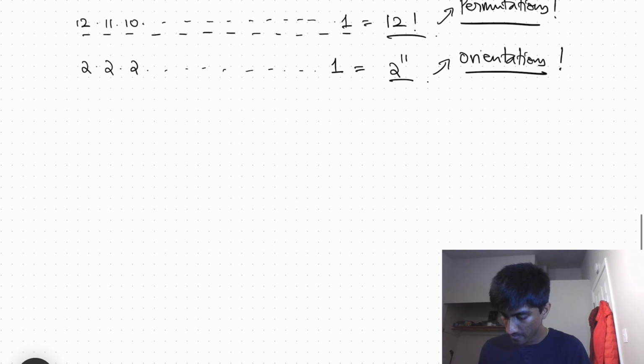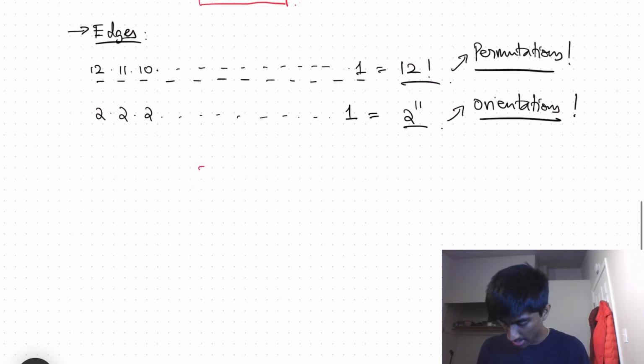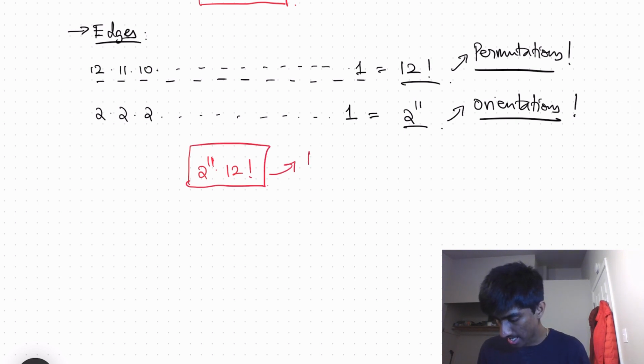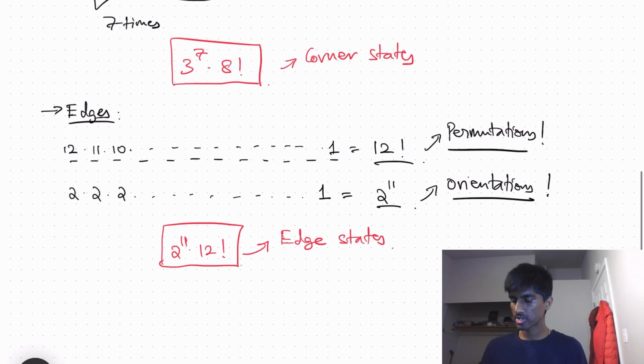And now the total number of possible edge states, similarly, is 2 to the 11 times 12 factorial. Edge states. And at this point, you might be wondering, well, that's just a solution, right?